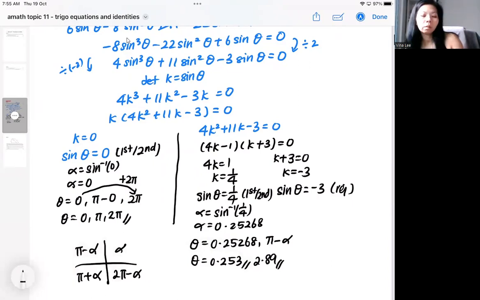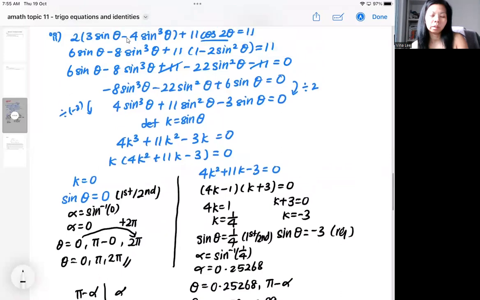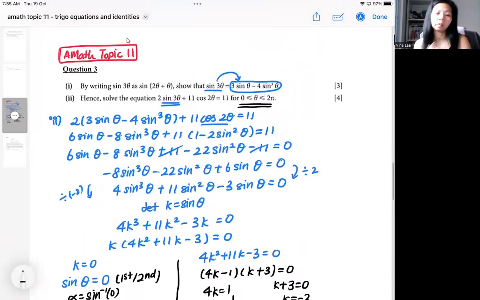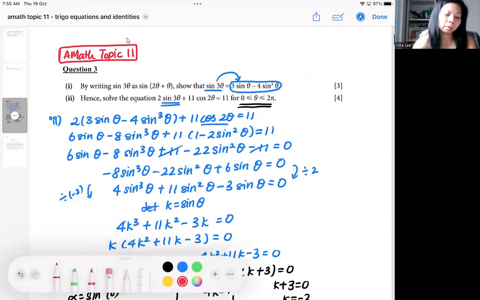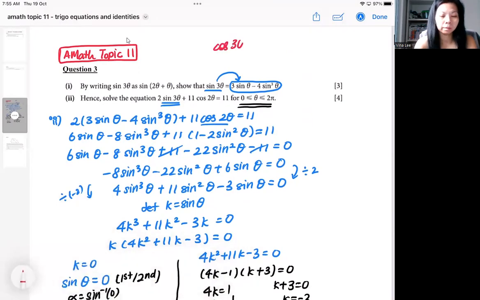So it's quite a long question, but I will say it's quite an O-level kind. If it really appears something like this in O-level, because of the amount of formula involved, it's usually quite a lot of marks. The same thing can actually happen for cosine 3 theta.